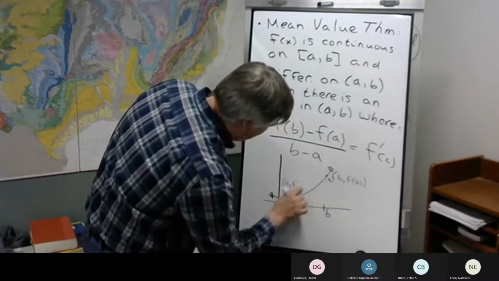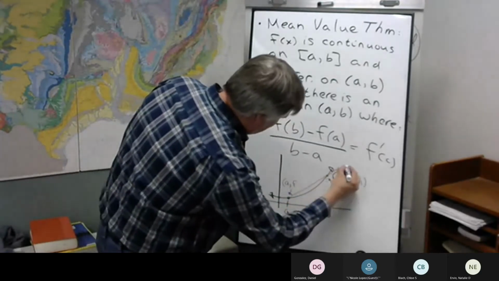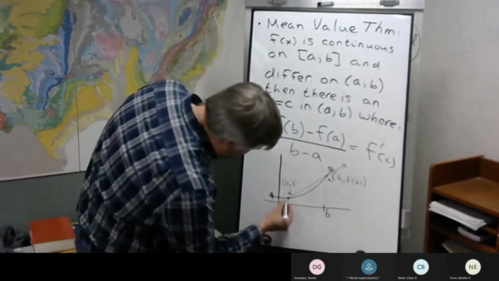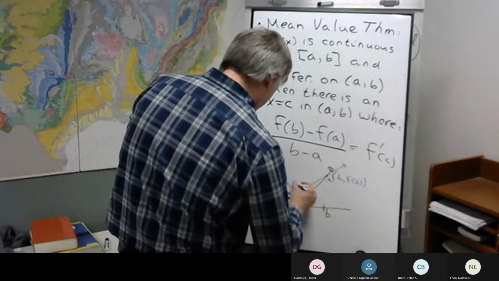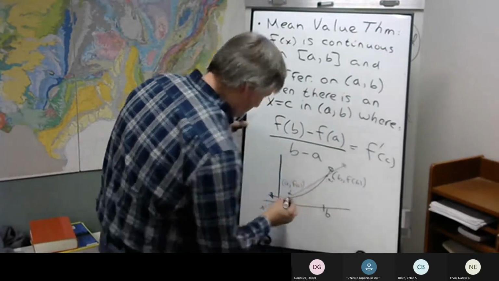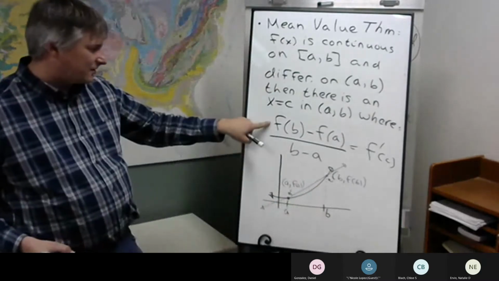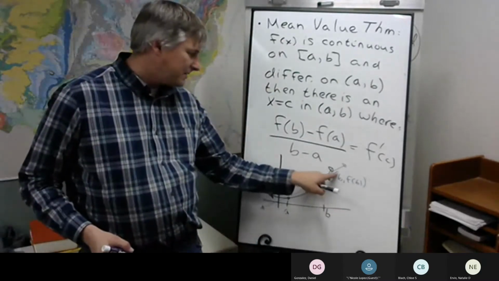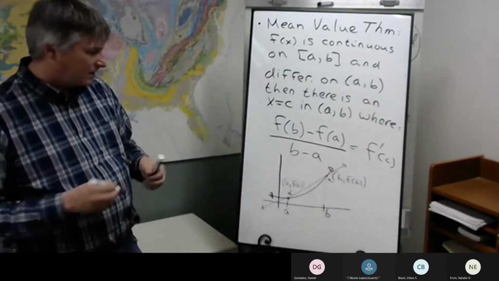Let's see, my drawing skills have been a little bit, well, as I like to say, artistic license. So this here is the slope of a line passing through this point and this point.